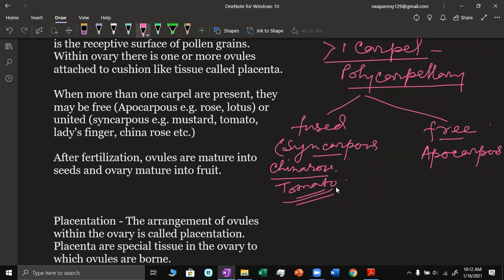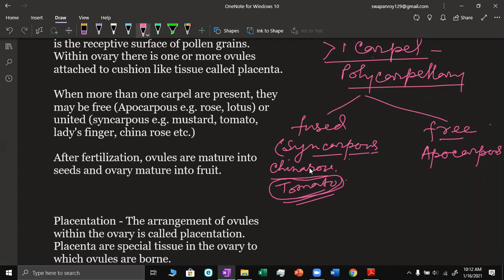In tomato you can usually see 2 to 3 chambers. When you cut a lady's finger, you can find 5 chambers with seeds. When you cut an orange, there are several chambers.